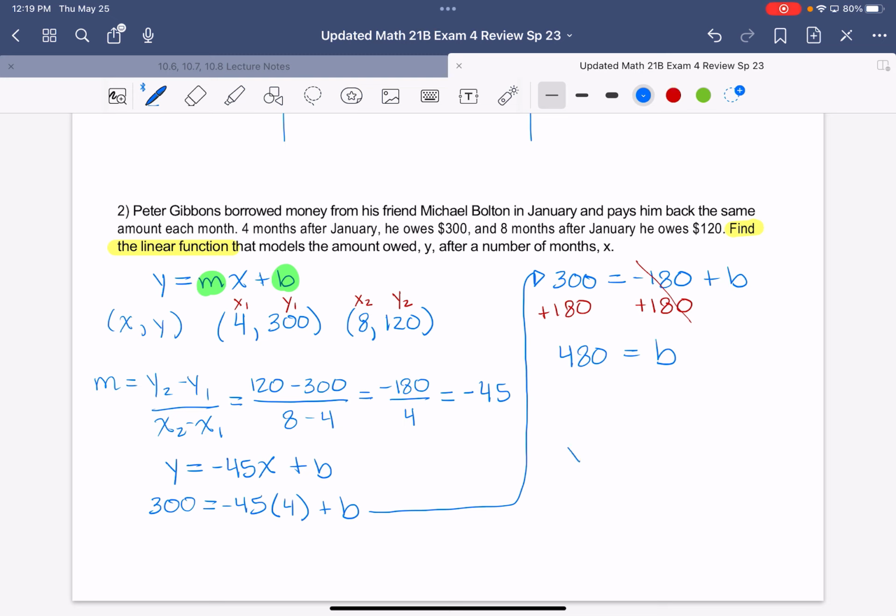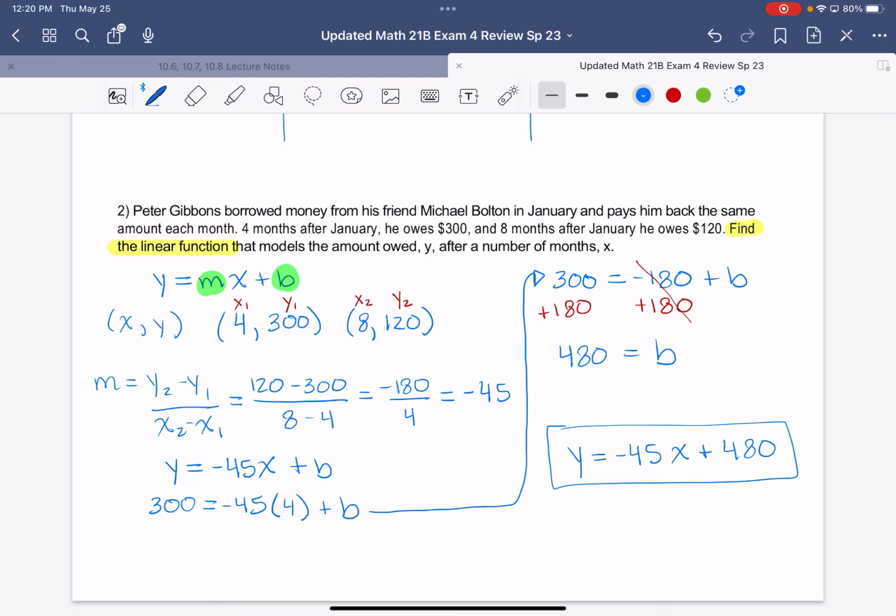So overall, y equals negative 45x plus 480. And that is the final answer. Any questions?